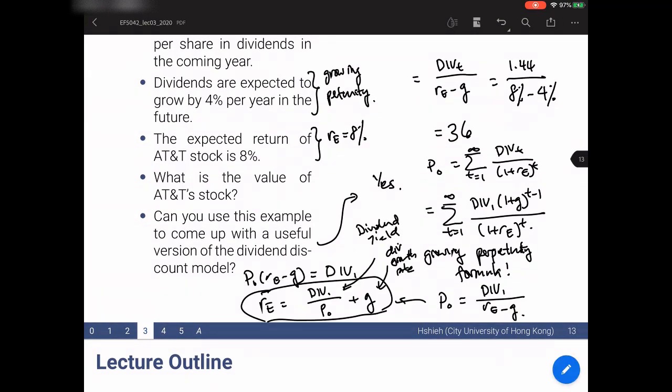All right, so what you should start thinking about is what actually determines G in real life. So what drives the growth in dividends?